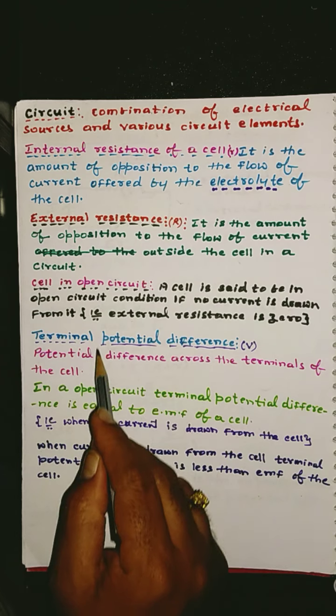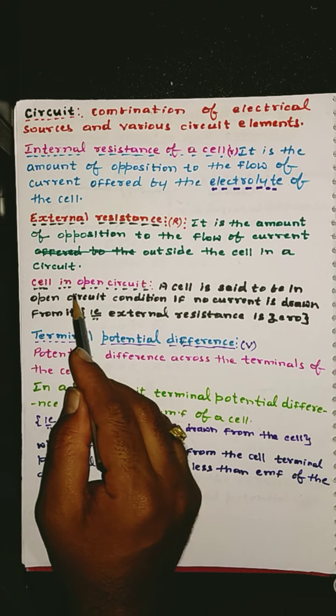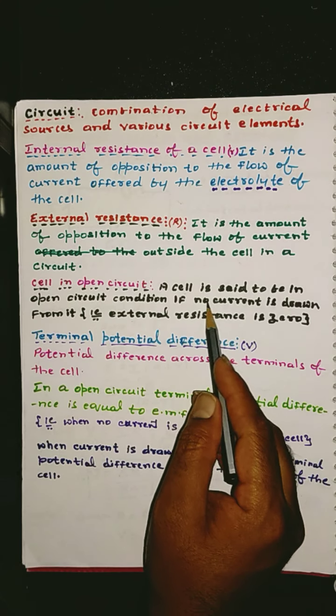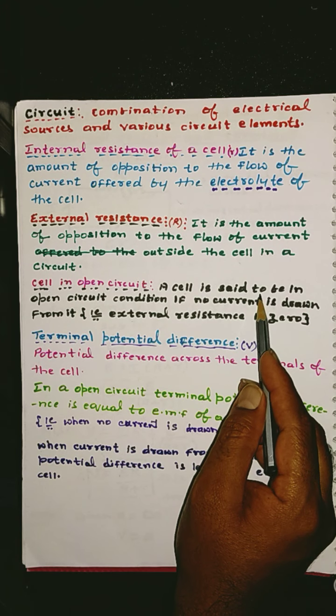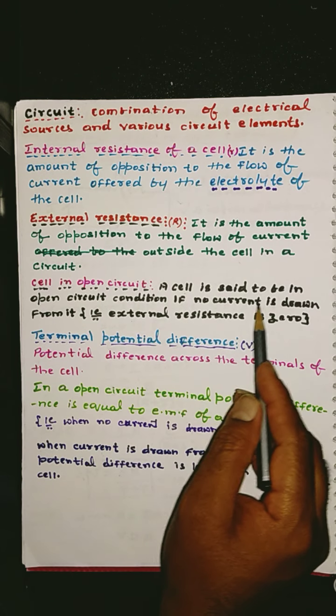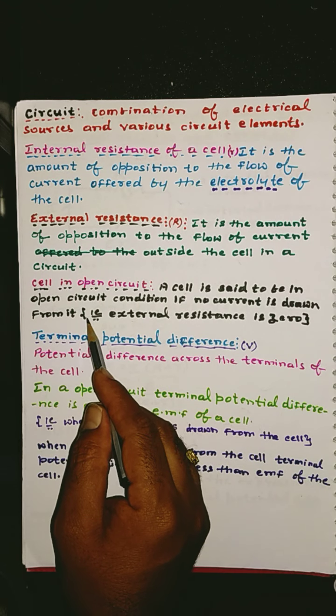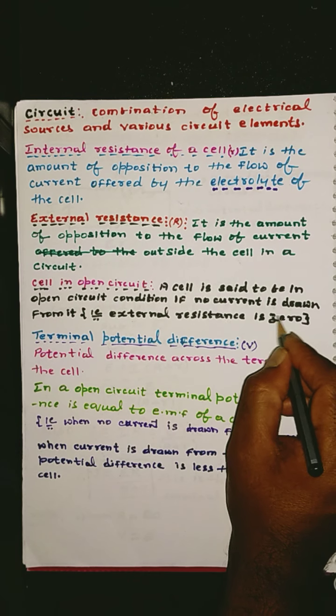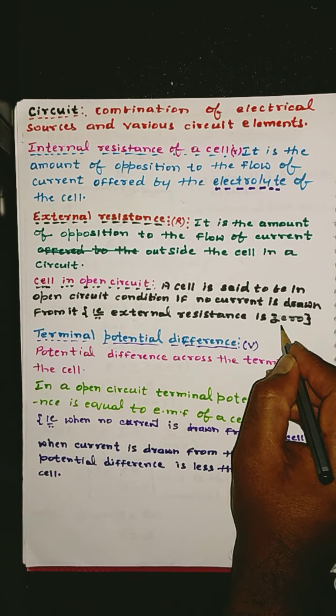Next to this, we have to know what we mean by a cell in open circuit. See, a cell is said to be in open circuit condition if no current is drawn from it. That is, external resistance is not zero, in fact it is infinity.